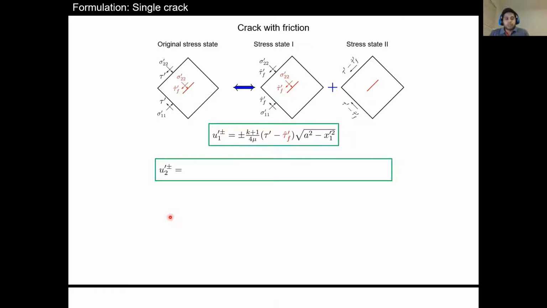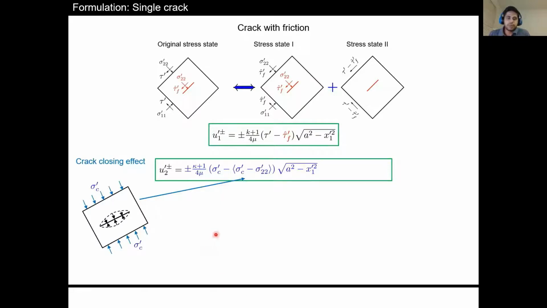For the crack opening displacement normal to the crack direction, we have two things that we need to consider. First is the closing of previously open microcracks, which we have considered through the crack closing stress sigma c. While the normal stress on the crack face is less than sigma c, the crack will be open and it will close as the stress increases, contributing to the strain.